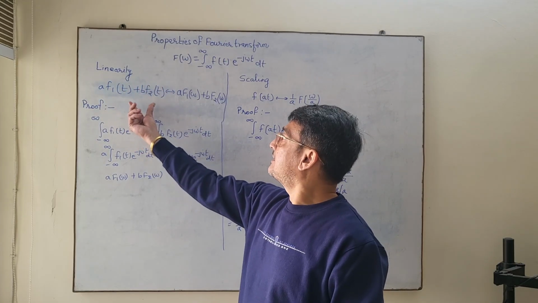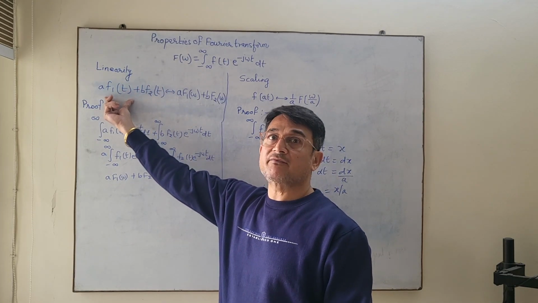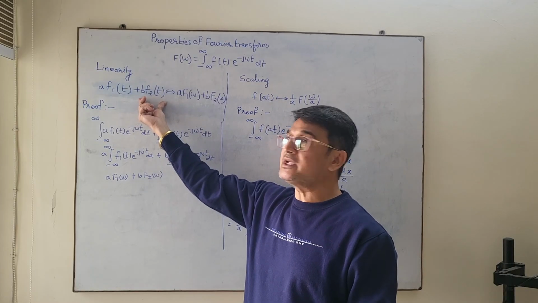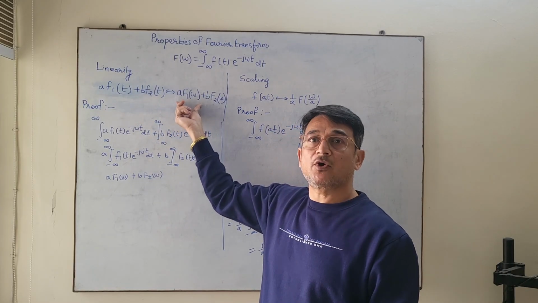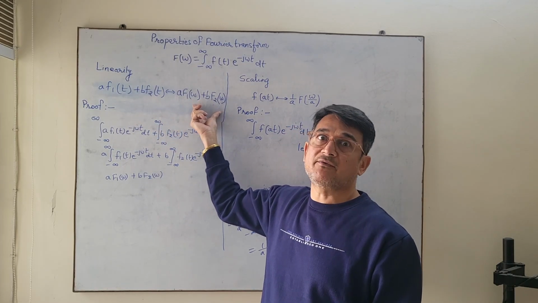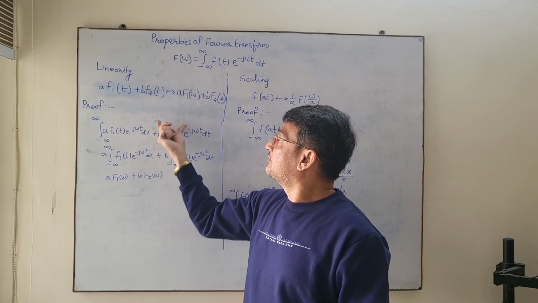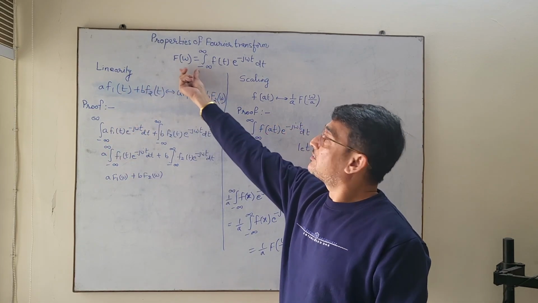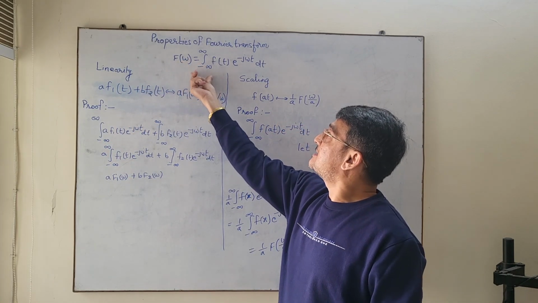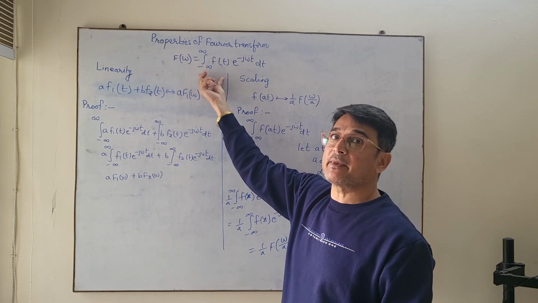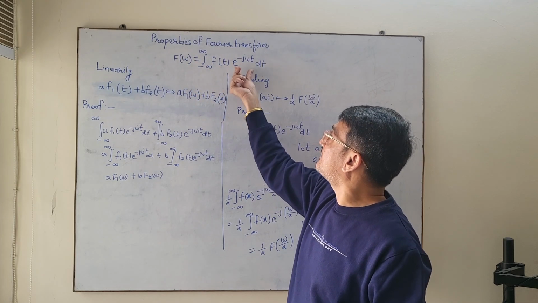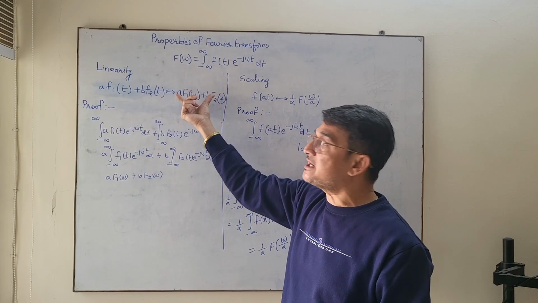The statement of the linearity property was: a f1(t) plus b f2(t) has a Fourier transform a F1(omega) plus b F2(omega). To prove that, we know the formula for the Fourier transform is F(omega) equals the integration over the limit minus infinity to infinity of f(t) e to the power minus j omega t dt.